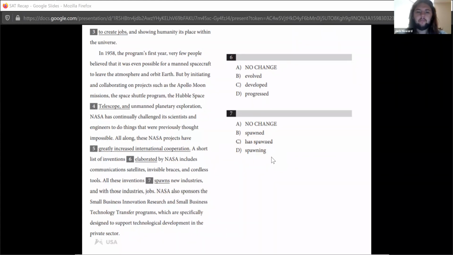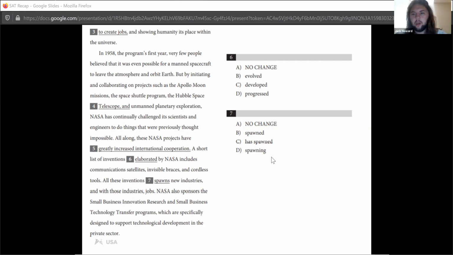And D, even though it has the number correctly, it would not be a full sentence. If you were to say all these inventions spawning new industries, and with those industries jobs, that could be part of a sentence, but the period is after jobs, and therefore it can't be that, because that alone would not be a sentence.